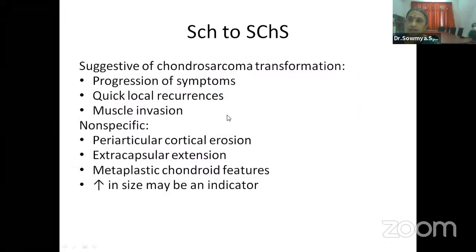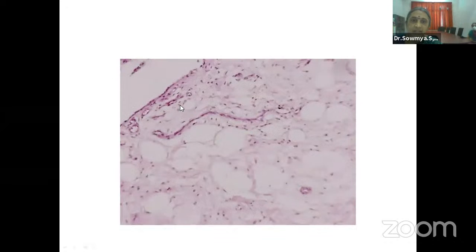We have to see whether there is a chondromatosis of a primary or secondary type, or there is some other lesion which is giving rise to this chondromatosis, or whether there is a transformation to chondrosarcoma. So all these we have to notice if there is a chondroid metaplasia or islands of cartilage seen in a synovial biopsy.